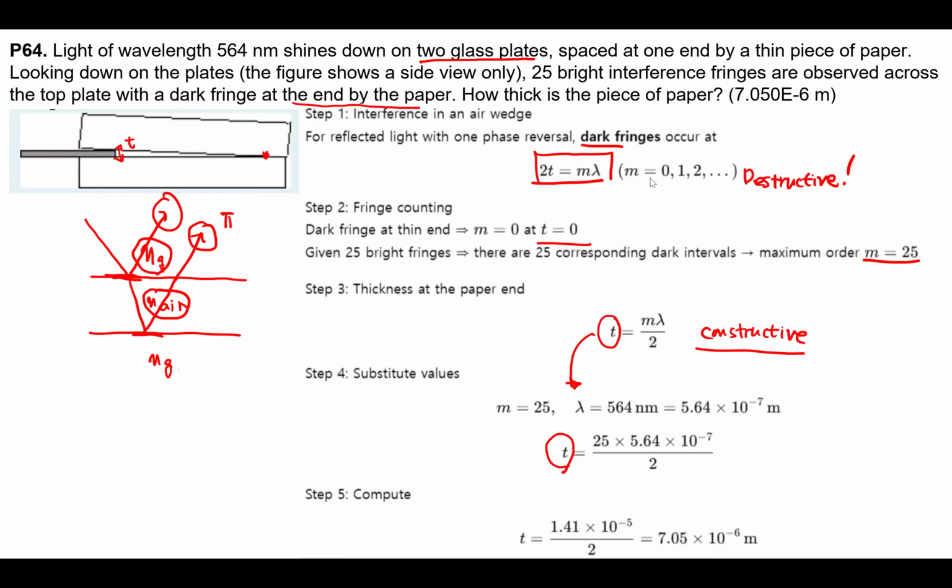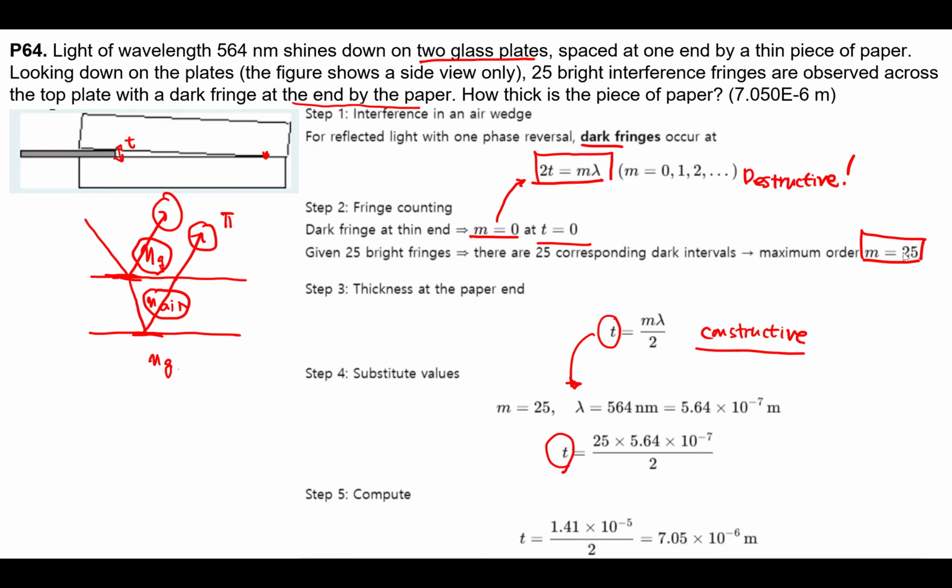What is the condition? Dark fringes at the end start from m equal to 0, so that is going to be m equal to 0 at t equals 0. At the given 25 fringes, there are 25 corresponding intervals, and the maximum order should be 25.